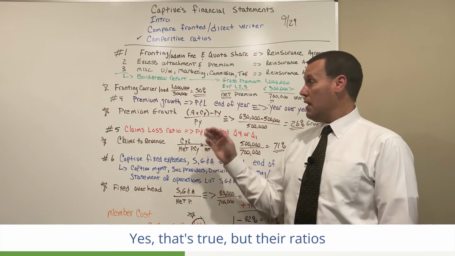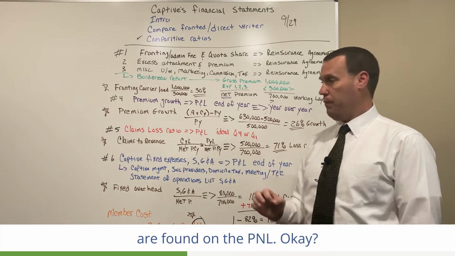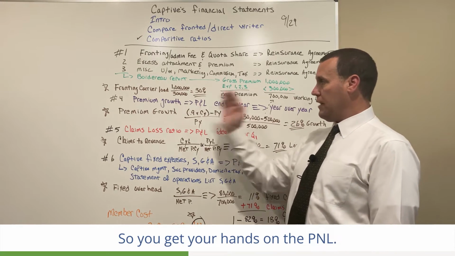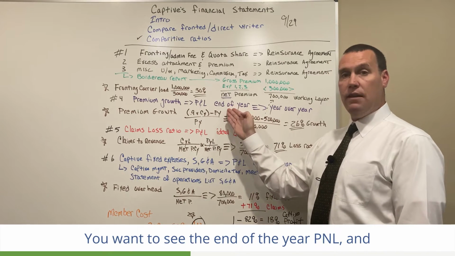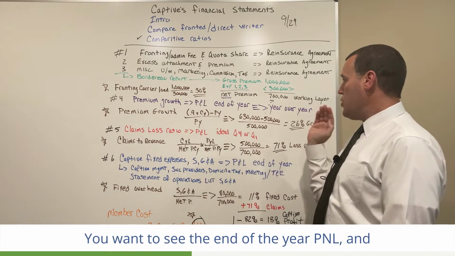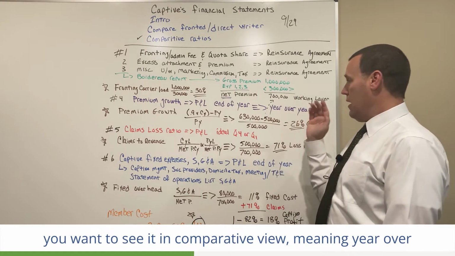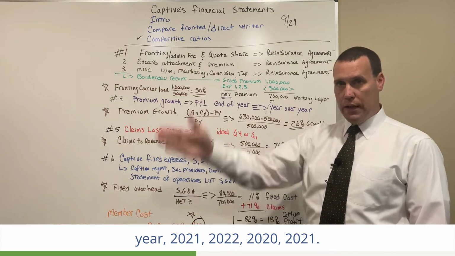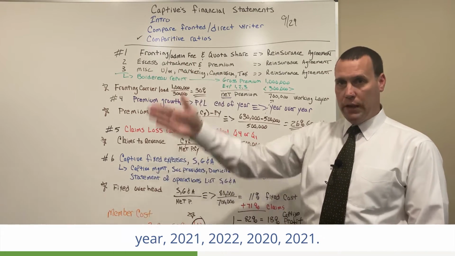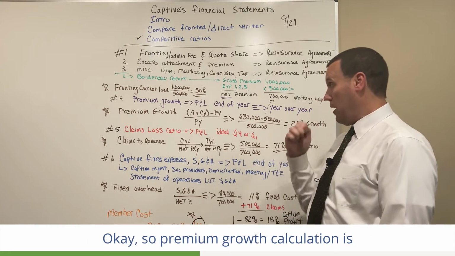Yes, that's true, but the ratios are found on the P&L. So you get your hands on the P&L. You want to see the end of the year P&L, and you want to see it in comparative view, meaning year over year, 2021, 2022, 2020, 2021. You want to compare the two rows, or the two columns.